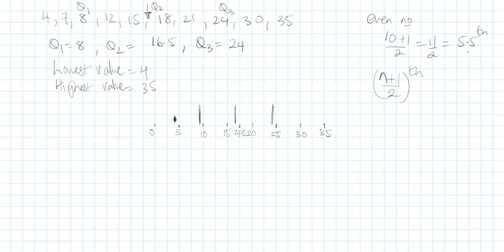That's my Q3. So the box starts with Q1, it has Q2 in the middle, and then it has Q3 here. And then the highest value is 35, so we're just going to put a dot here. So the smallest value is a dot, the highest value is a dot, the lower quartile is where the box starts, the upper quartile is where it ends, and then you join them so that you create a box.